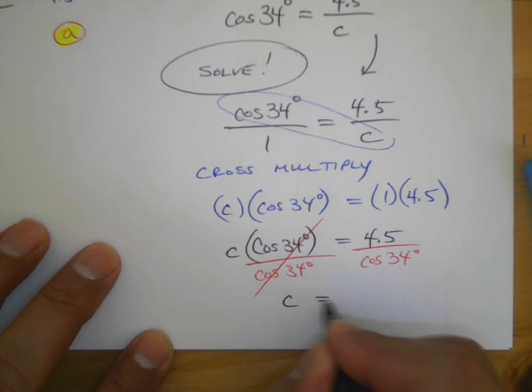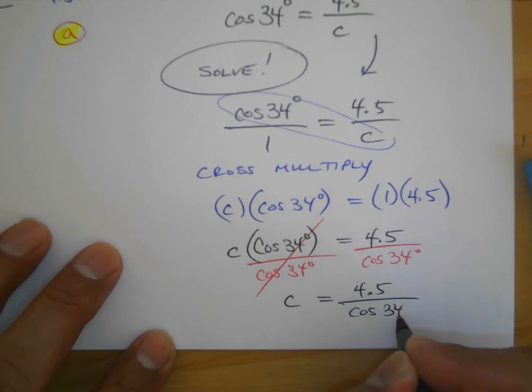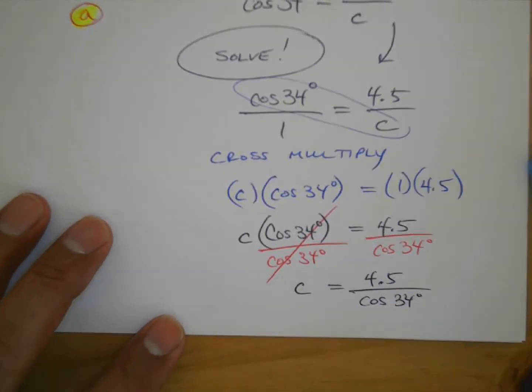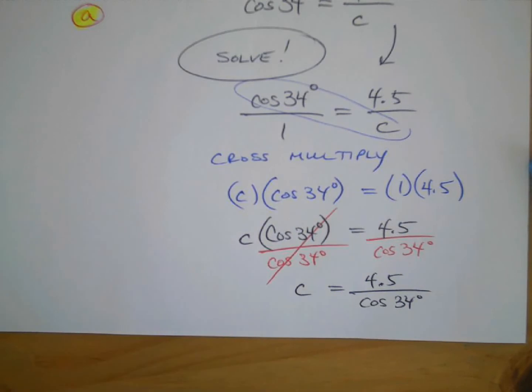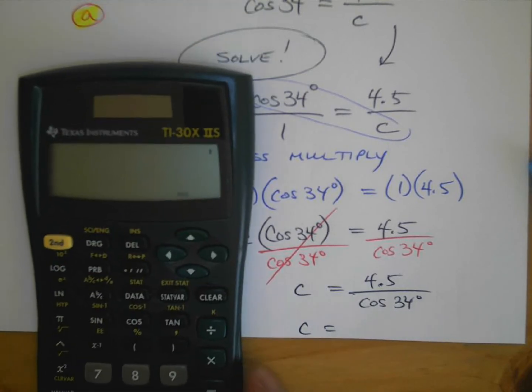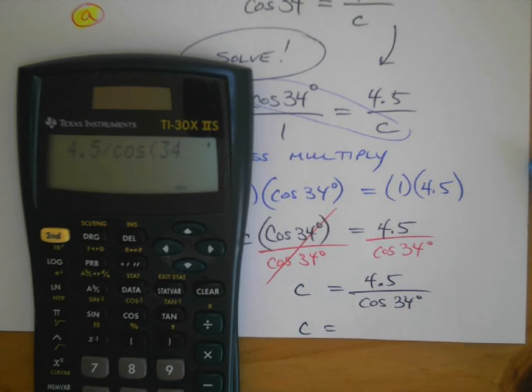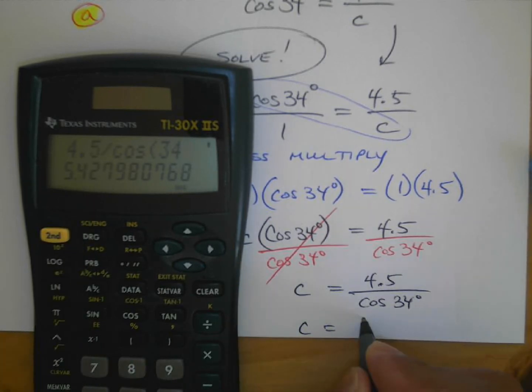So you'll be left with C is equal to 4.5 divided by whatever cosine of 34 degrees is. When you do that on the calculator and you round off, 4.5 divided by cosine 34 equals 5.42. The 2 does not round this up to a 5, so it's 5.4.